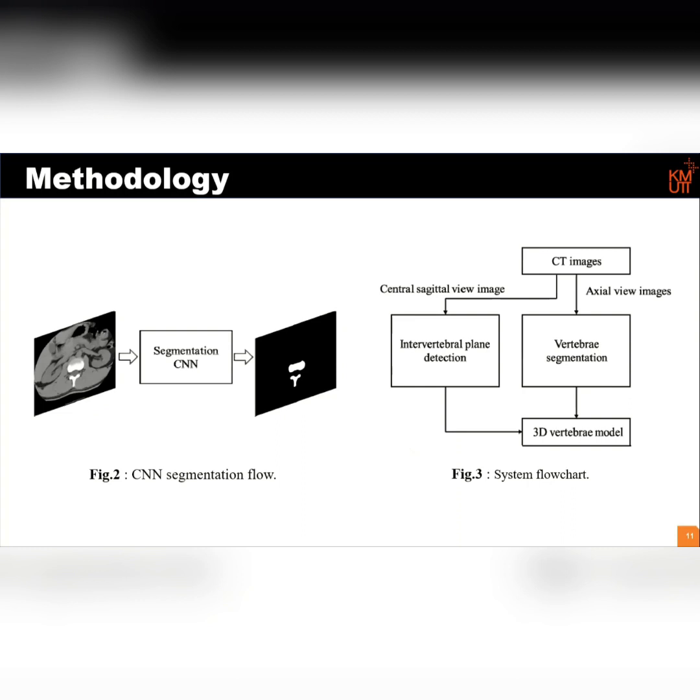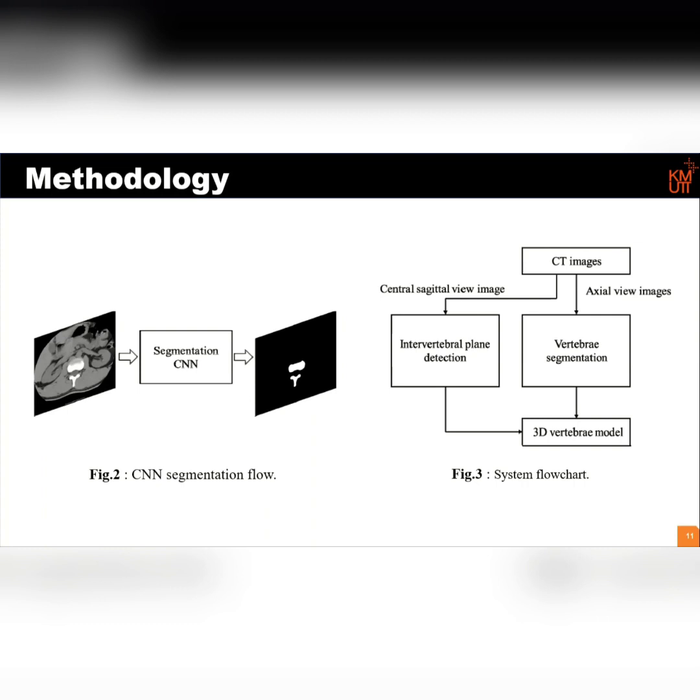Recent vertebral segmentation and detection investigations have demonstrated remarkable performance. Figure 3 illustrates the system design for CT images. The fully convolutional network for segmentation receives axial view images as input.